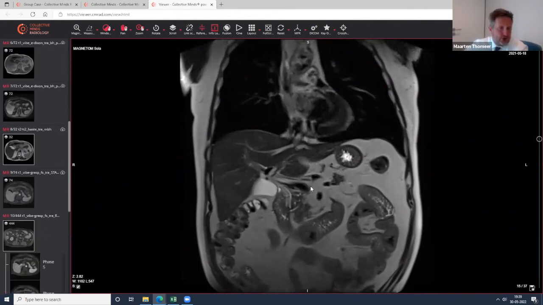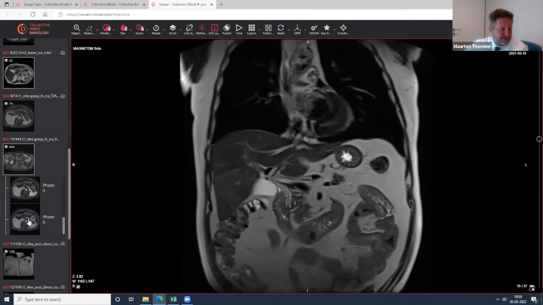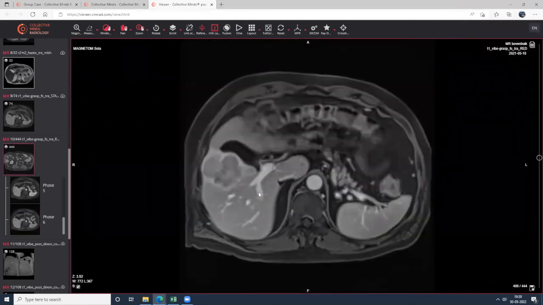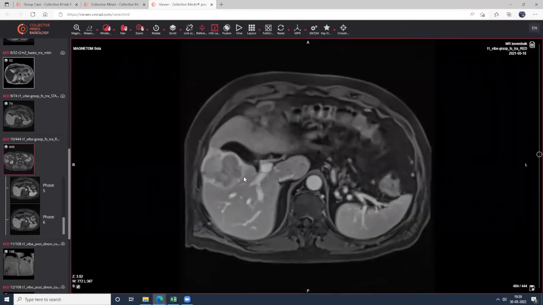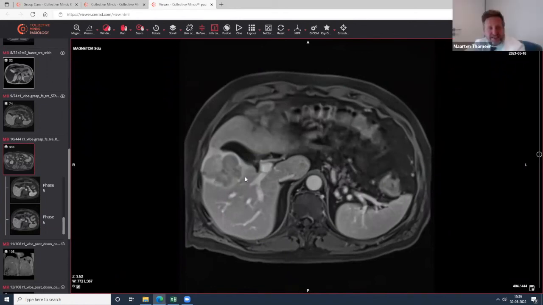A normal scar you would expect enhancing. But you have a clear washout. It's a LI-RADS 5, so that's no problem. But you cannot use LI-RADS if there's no hepatitis or no chronic liver disease. It cannot be used for this case.